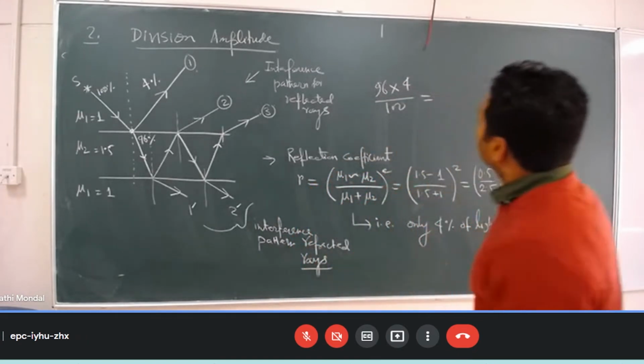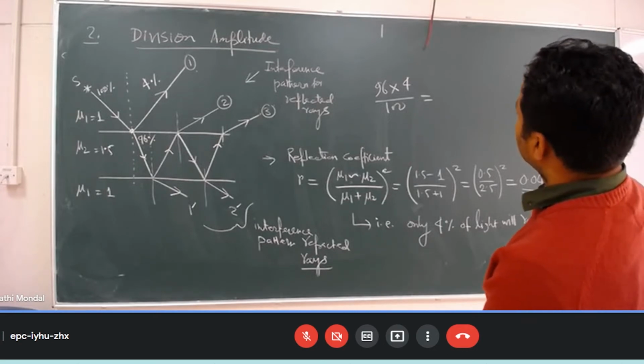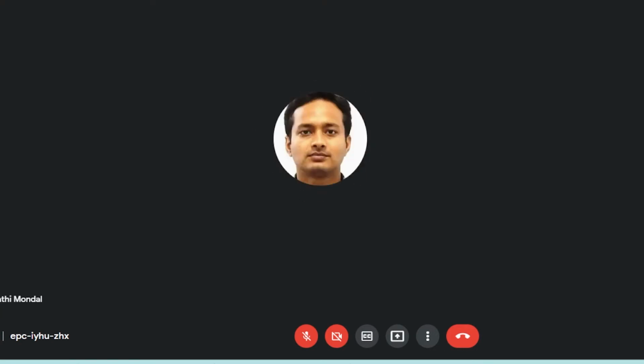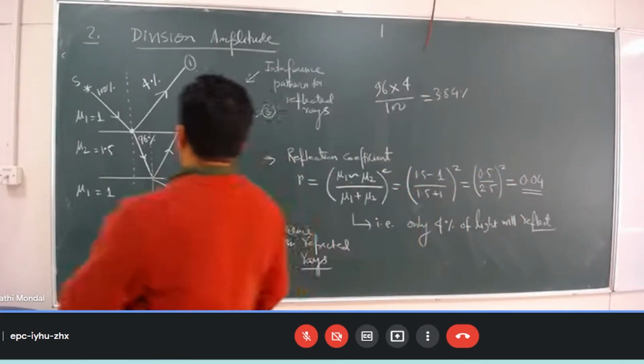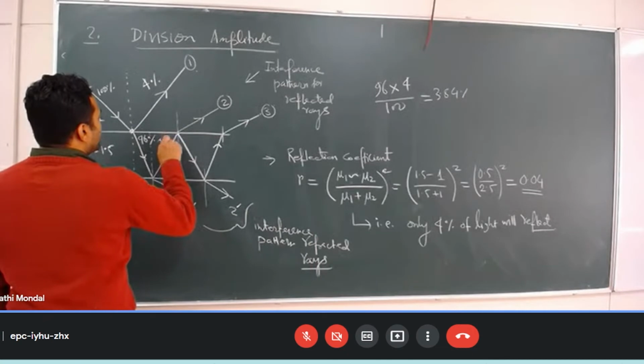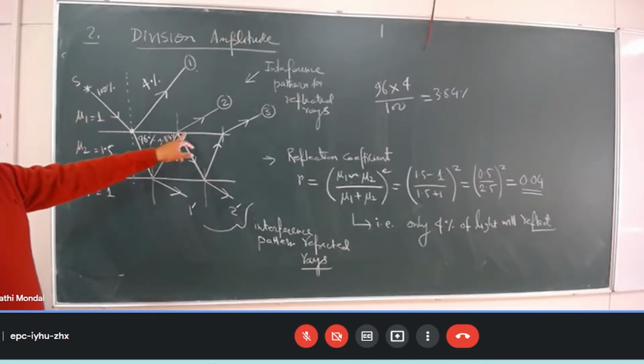So how much will 4% of 96 be? 3.84. Look, you have 3.84%. So again you have transmission.